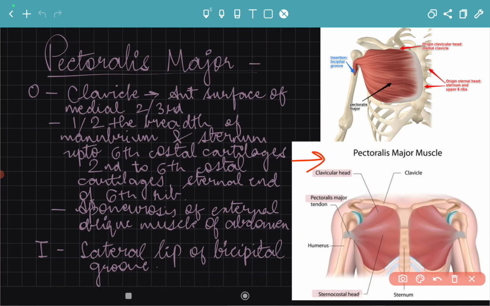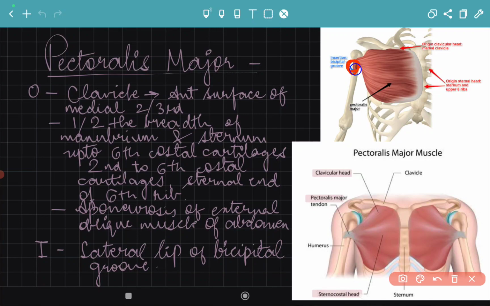Similarly, in this diagram also we can appreciate the origin from the clavicle as well as the manubrium and sternum up to the 6th costal cartilage, inserted to the lateral lip of the bicipital groove of the humerus. So there is a clavicular head and a sternocostal head. This was about the origin as well as insertion. So we can understand the line of action.